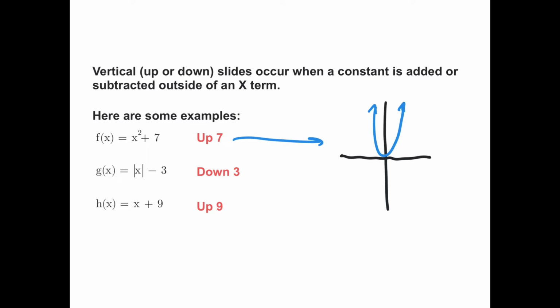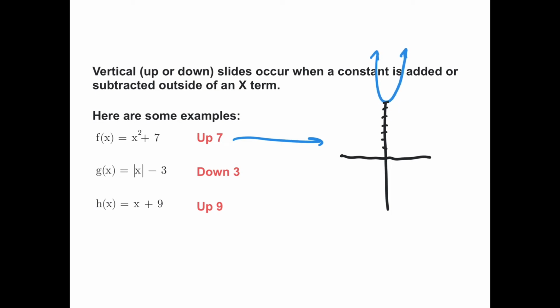Again, it's a sketch. It's not perfect. So long as you know that it's a parabola, then it's fine. Okay? Well, I need to slide it up 7. I'm just going to take this now, and that would be my graph.